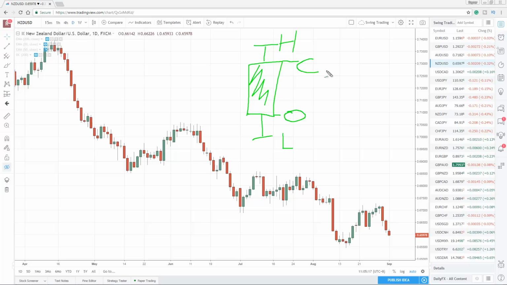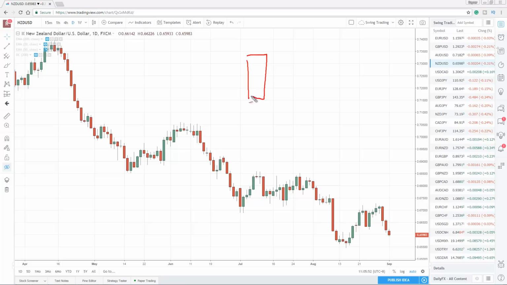Make sense? So now what about the red color bar that you see? The red color bar is just the opposite. The red color bar is like this. Again, this is the high of the day, the low of the day. No, this is the low, and this is the high.